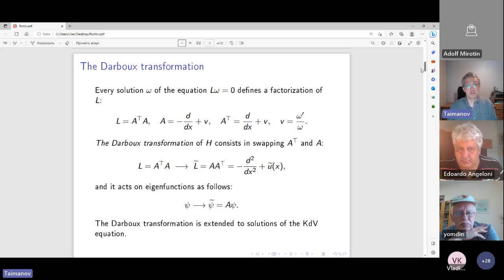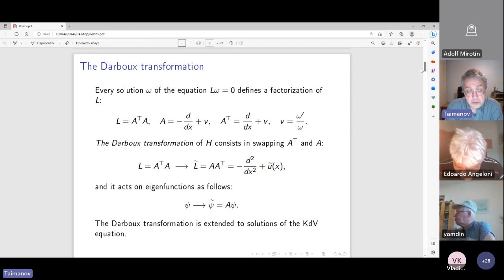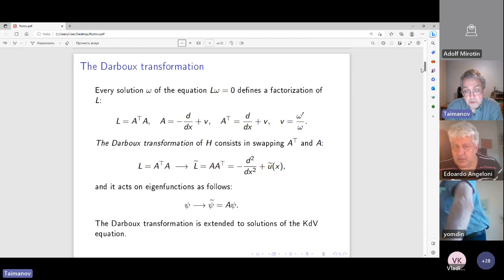For every solution omega of the equation L omega equals 0, we have a factorization of the operator L into the operators A top and A. The A and A top are formally conjugate operators of the first order. They have the form A equals minus d/dx plus v, A top equals d/dx plus v, and v is the logarithmic derivative of omega.